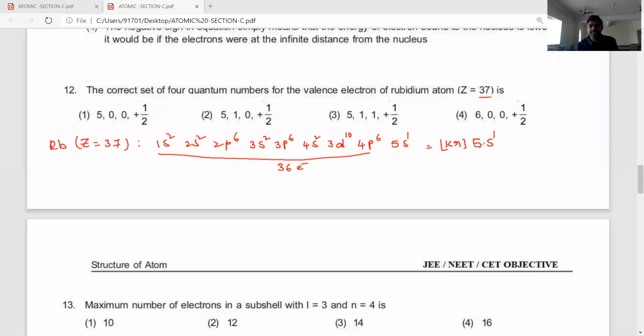Now the valence shell is the fifth shell, the outermost shell. For this valence shell, n is equal to 5, L is equal to 0, m is equal to 0, and s is equal to 1 by 2. The answer is the first option.